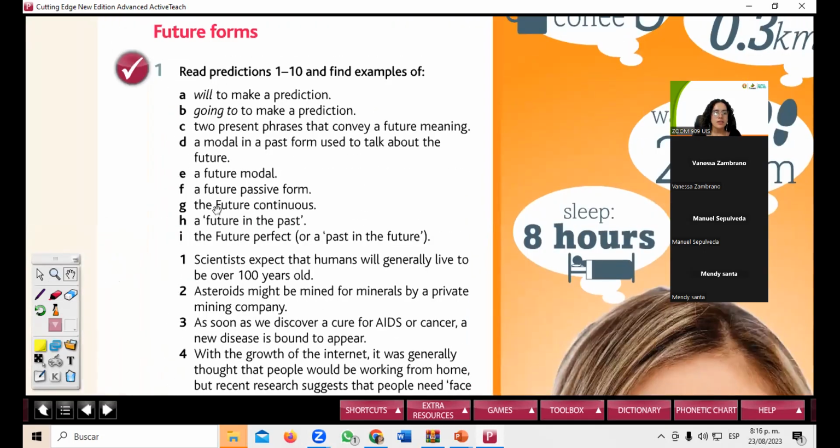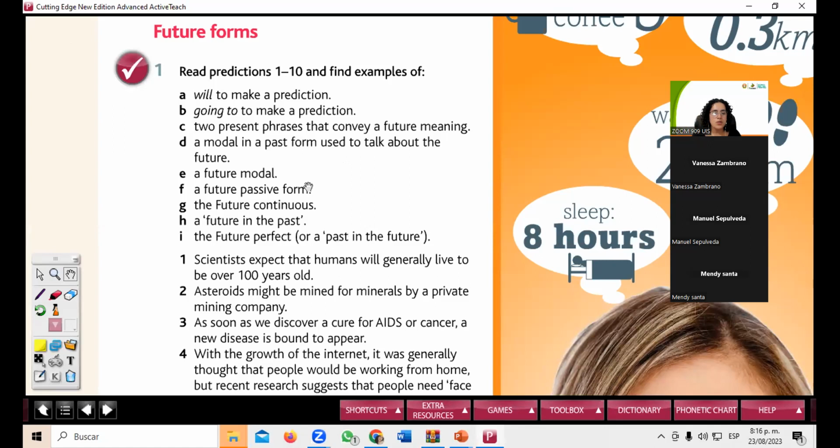So we had some uses of will to make a prediction, going to make a prediction, two present phrases that convey a future meaning, a modal in past form used to talk about the future, a future modal, a future passive form, the future continuous, the future in the past, or the future perfect, or the past in the future, right?